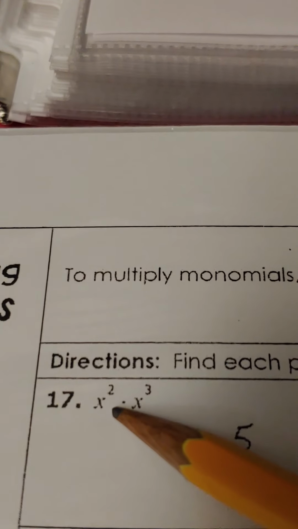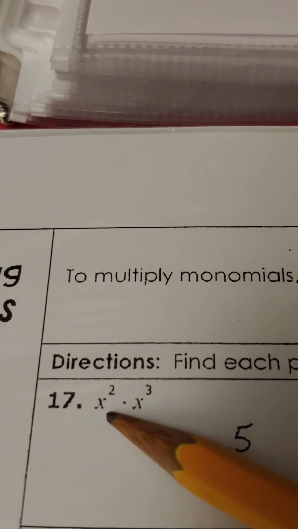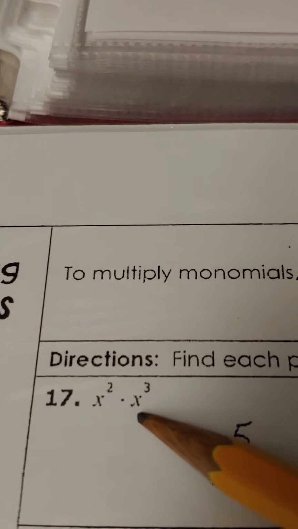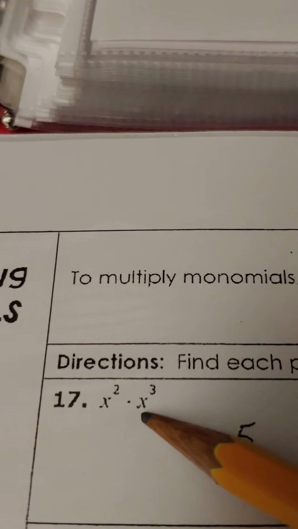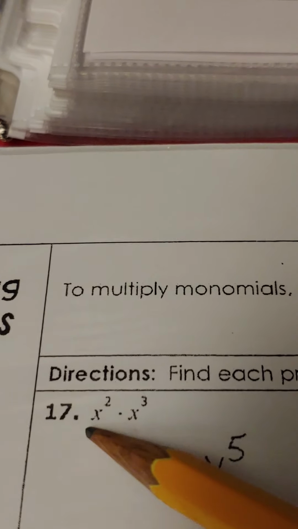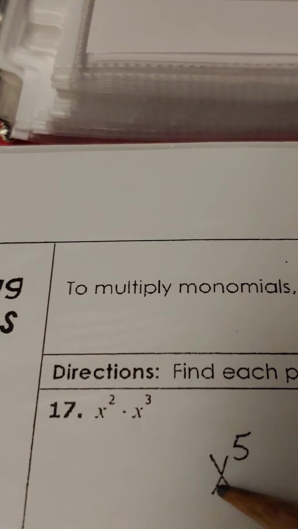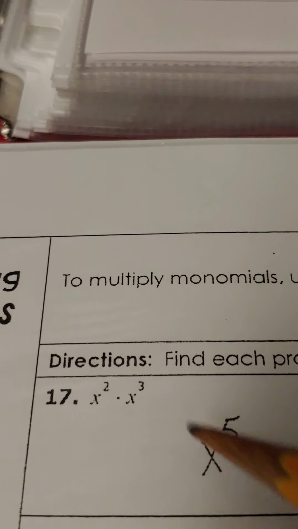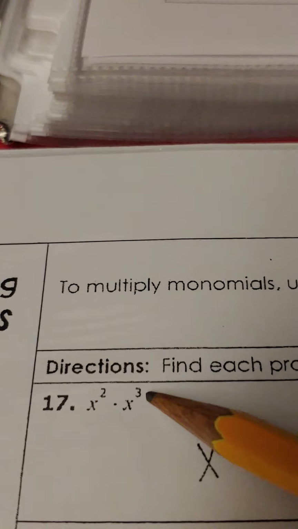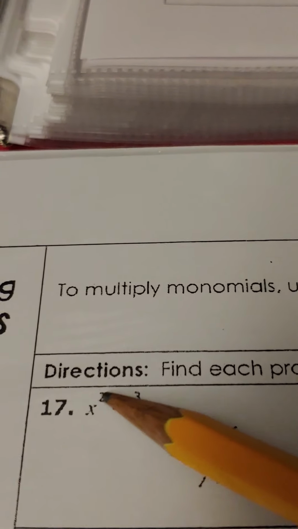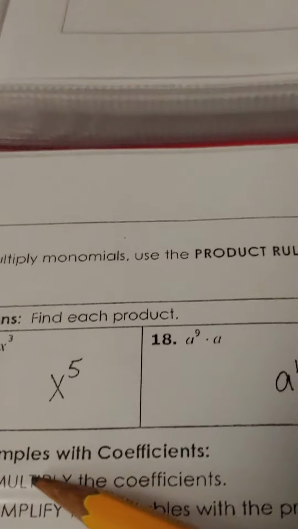When we multiply exponents with the same base, x is our base, as you learned previously, we put the base down and then add the exponents. So when we multiply, we add exponents.